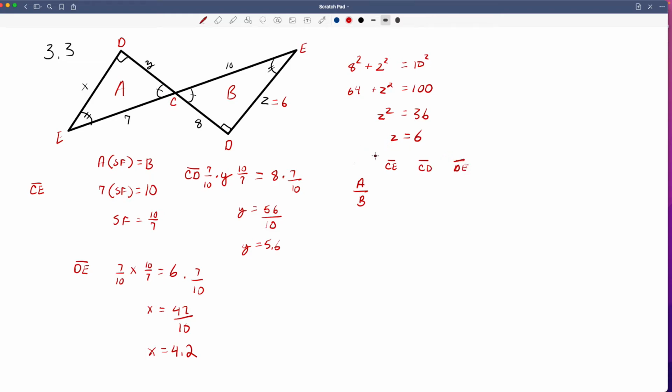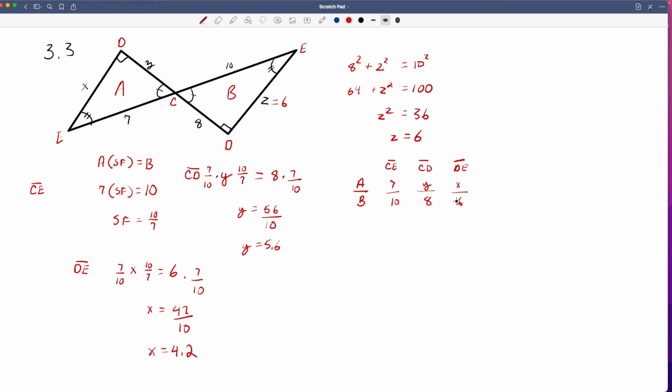And I'm going to use what I know, what I've been given. So for CE, A is 7 and B is 10. CD, A is Y and B is 8. For DE, A is X and B is 6.